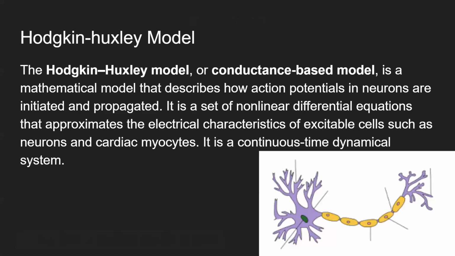Okay, so the Hodgkin-Huxley model, or conductance-based model, is a mathematical model that describes how action potentials in neurons are initiated and propagated.